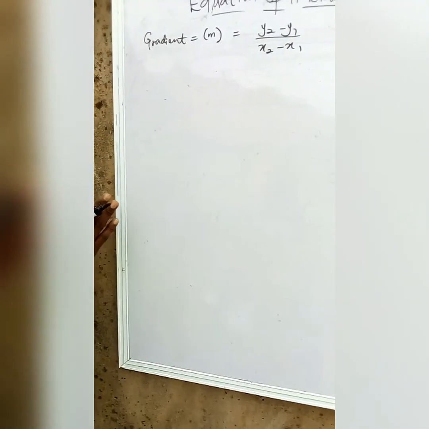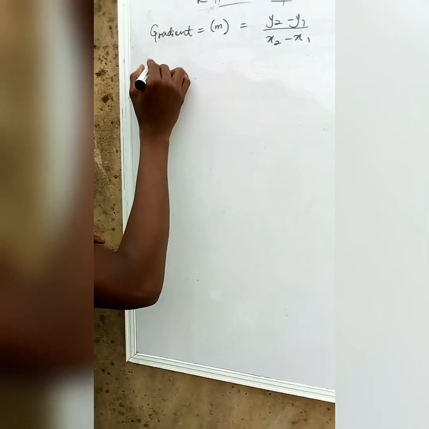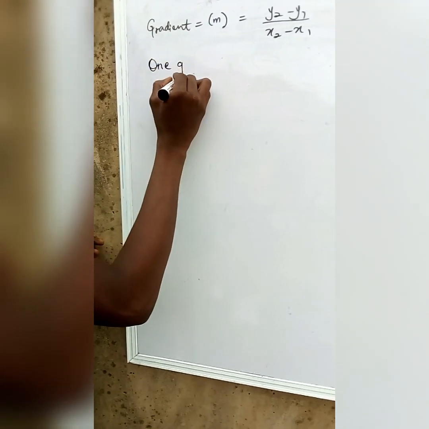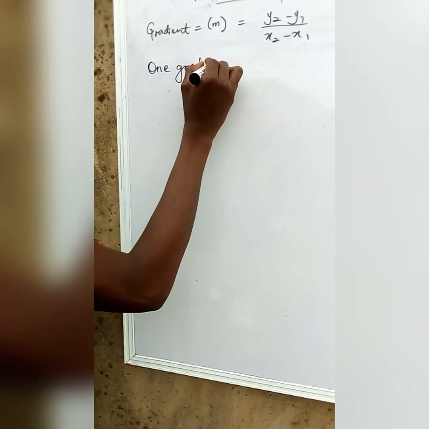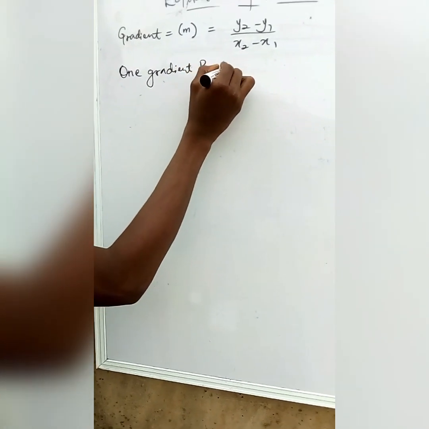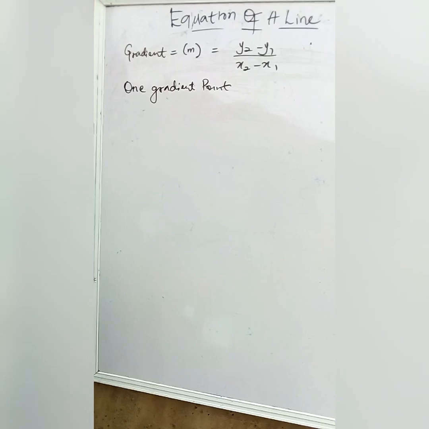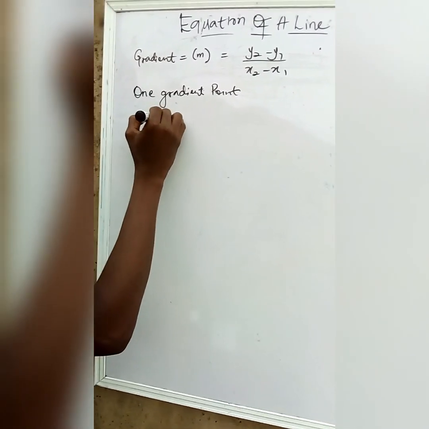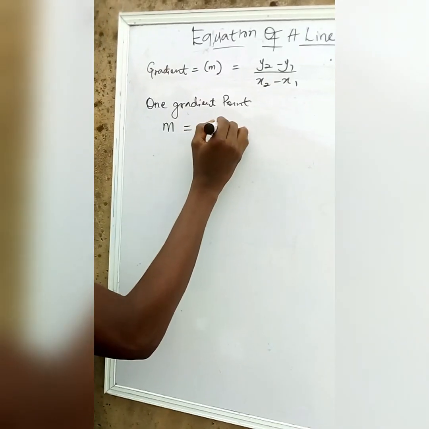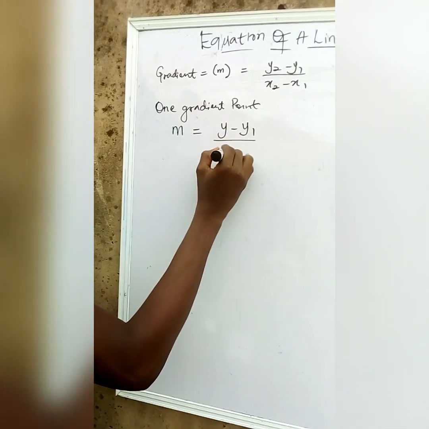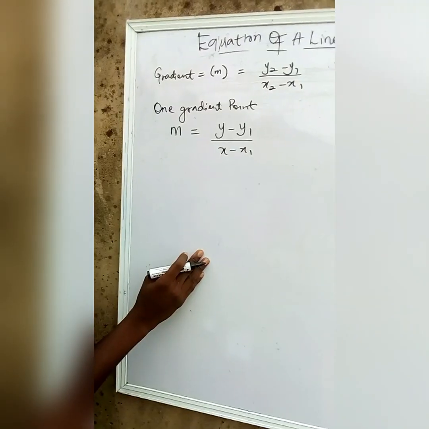When your gradient is given in the question, it is called one gradient point. In that situation, the formula you use is m is equals to y minus y1 over x minus x1.